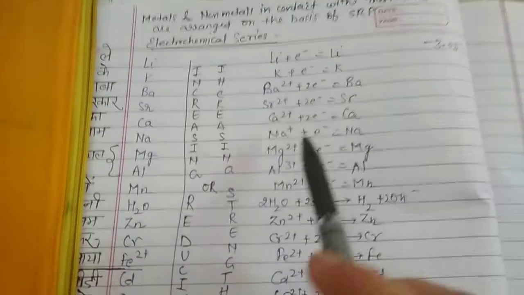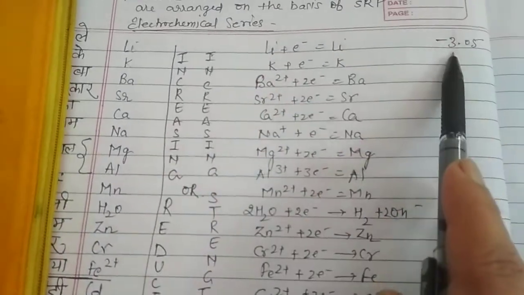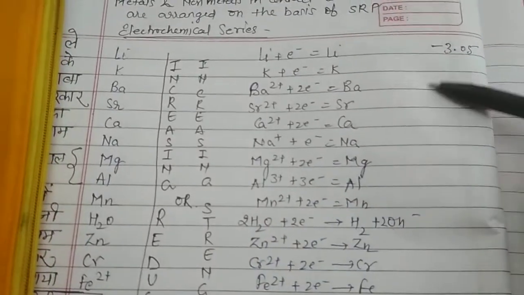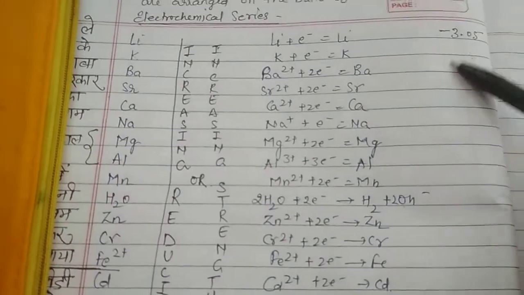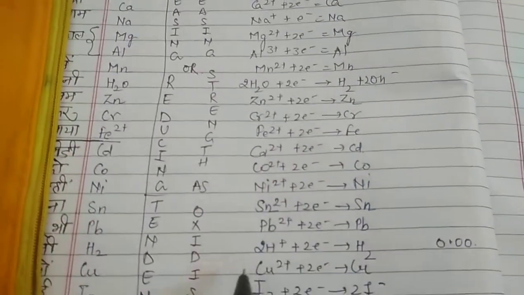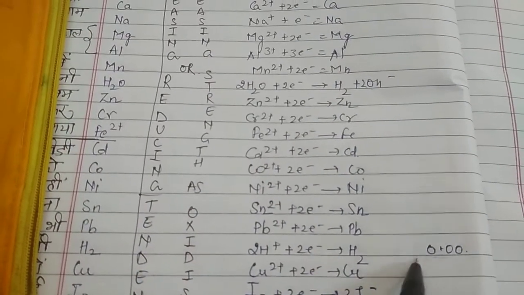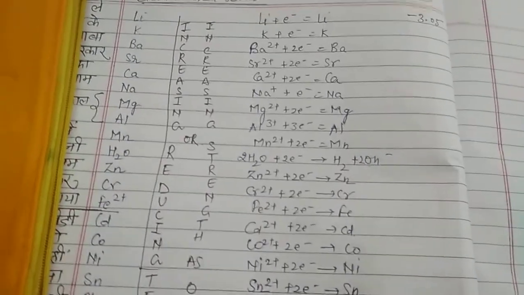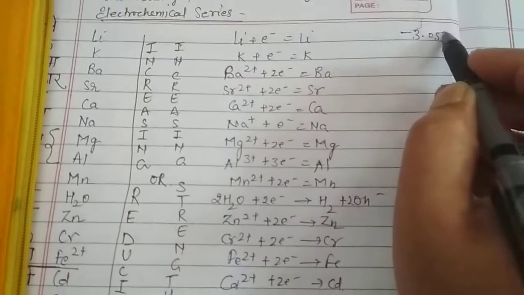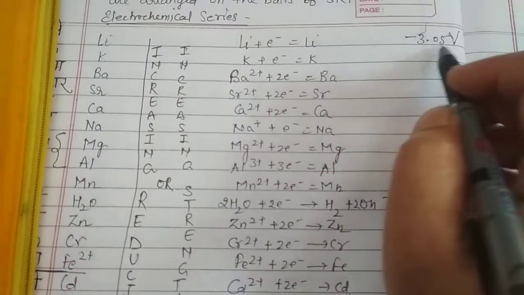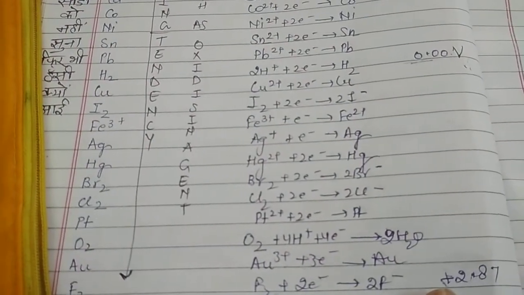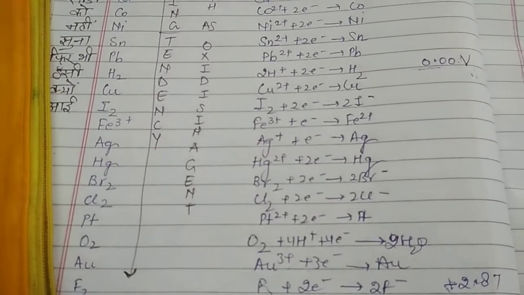I have written the first value, which is negative, and I have not written all the values because you do not have to remember them. In the case of hydrogen, the standard reduction potential is 0.00 volt. For lithium, the first member, it is minus 3.05 volt, and the last member is plus 2.87 volt.